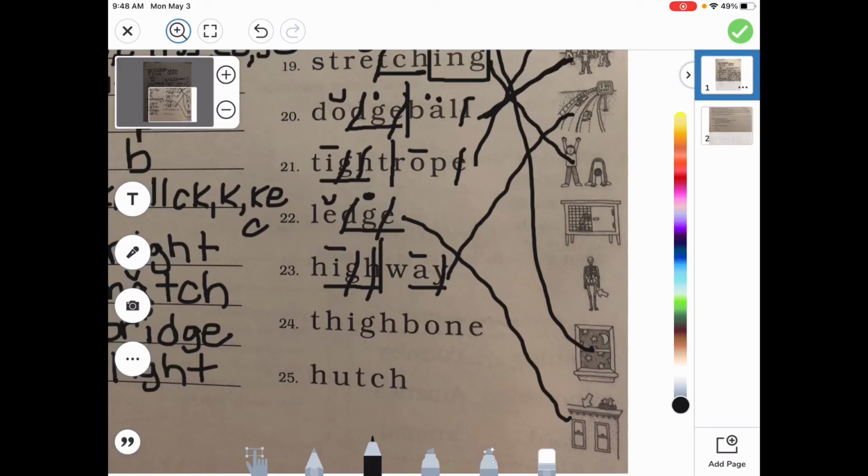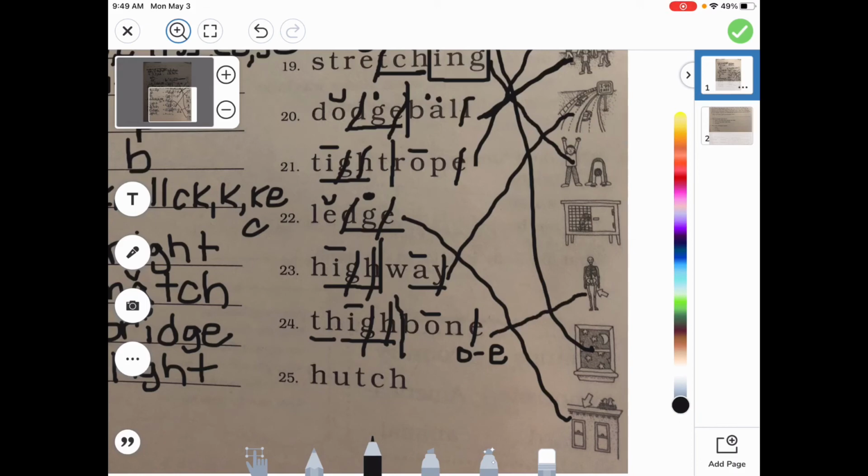That's 2 words too, so I need to divide it up between thigh and bone. On thigh, it has digraph TH, but what else does it have? Trigraph IGH, so underline it. Long I, sneaky G, sneaky H. Thigh, and then bone is an O consonant E word. So long O, silent E. And you can see on the skeleton they're pointing to that thigh bone. It's the upper part of your leg.